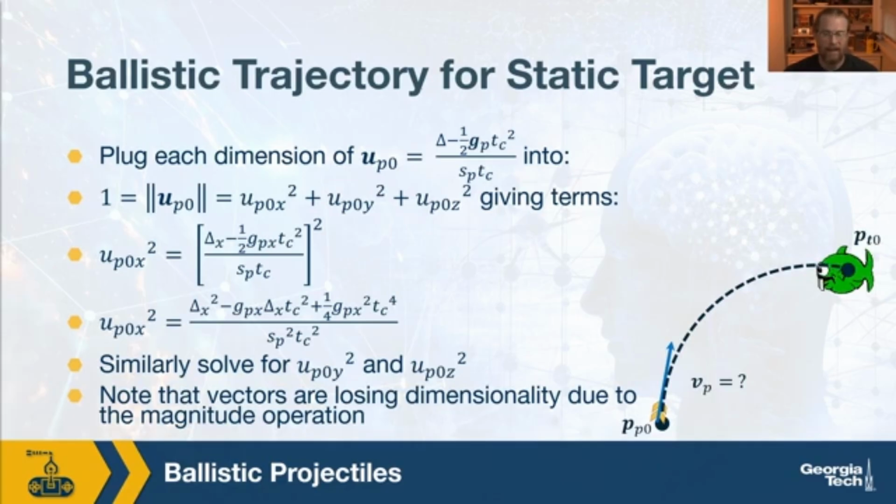Taking the magnitude makes all of the keeping track of the x, y, and z disappear, the same way it would if we were just plugging directly in three values for u. That means our delta, which is a vector, and g are also going to become just a single value once we're through with everything.